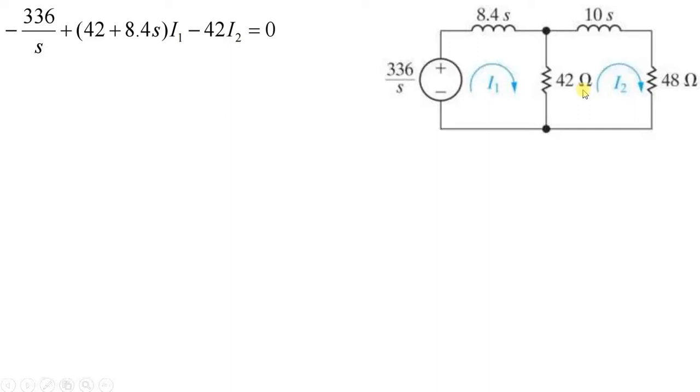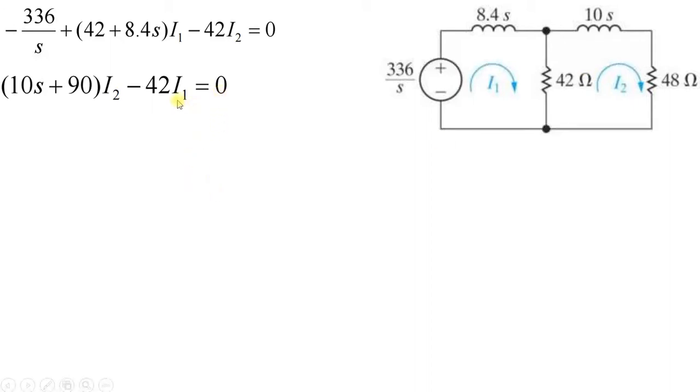Similarly apply the inspection method to the second loop. The equation looks like this. The 42 is common to both loops, so you put a minus symbol: minus 42 into I1, and 42 plus 48 is 90. So (90 plus 10s) into I2 is equal to 0. This is the loop equation for the second loop.